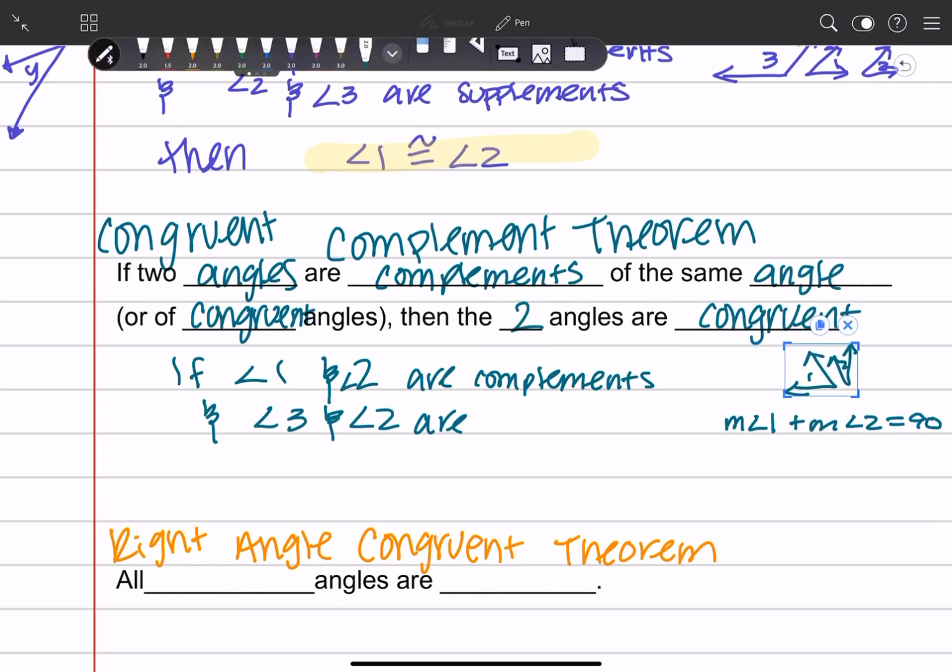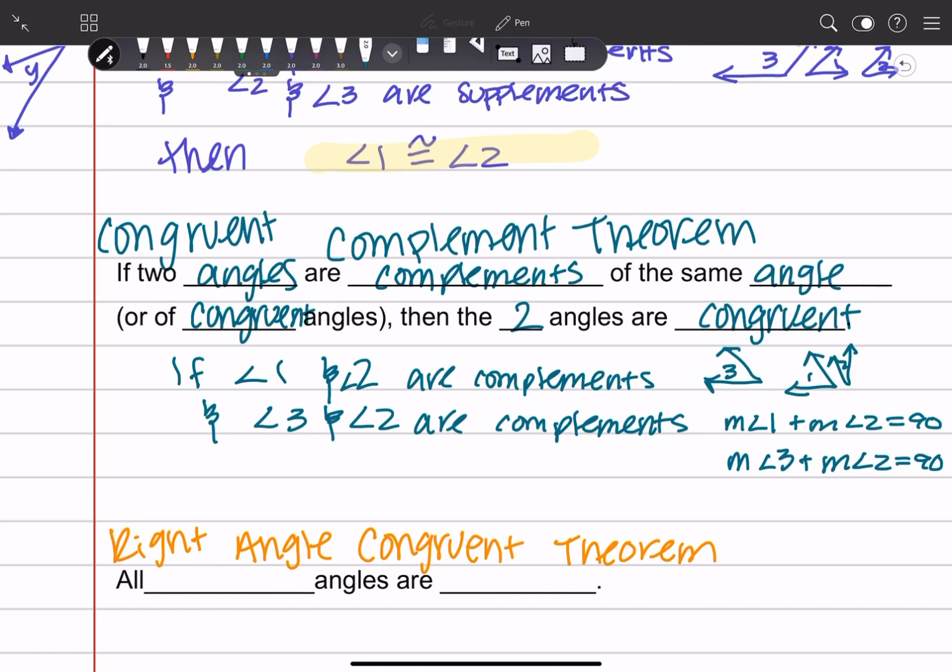There we go. So what that means, that the measure of angle 3 plus the measure of angle 2 is 90.